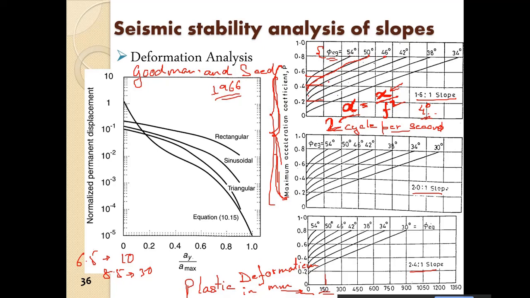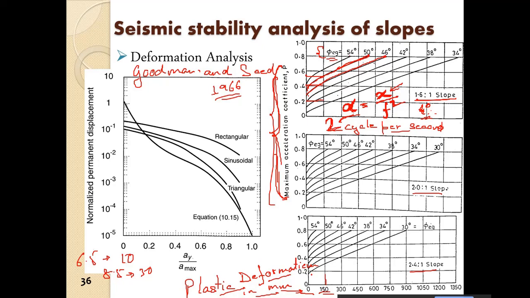So 46 means if for this slope we have phi equivalent of 46 degree, then for a slope 4 degree flatter than this slope, we will have 50 degree. If the slope increases, then the phi equivalent will decrease. In that way, we obtain the maximum acceleration coefficients, and the plastic deformation that may occur in mm.